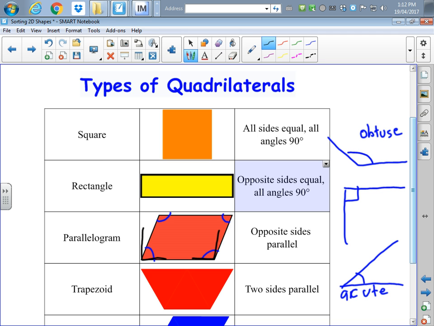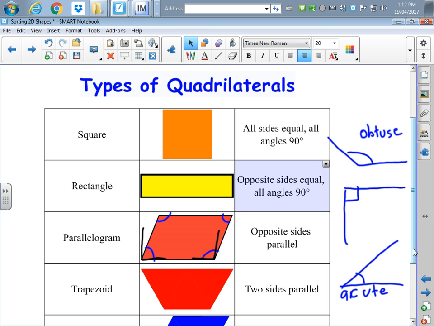That's bigger. So angles that are bigger are called obtuse. So in a parallelogram, there's two acute and two obtuse angles. Opposite sides are parallel. It does not have 90-degree angles. No.